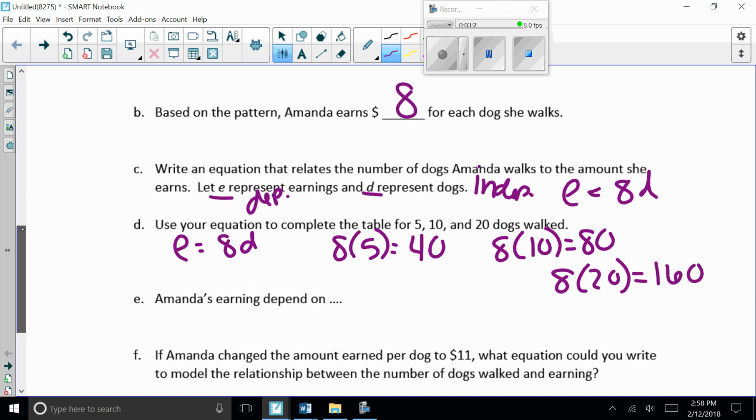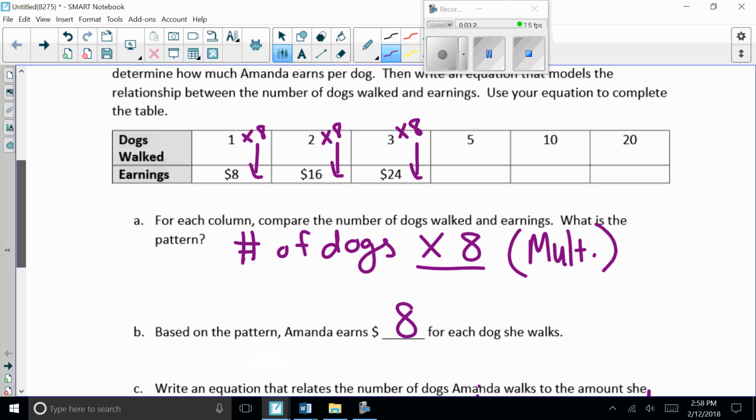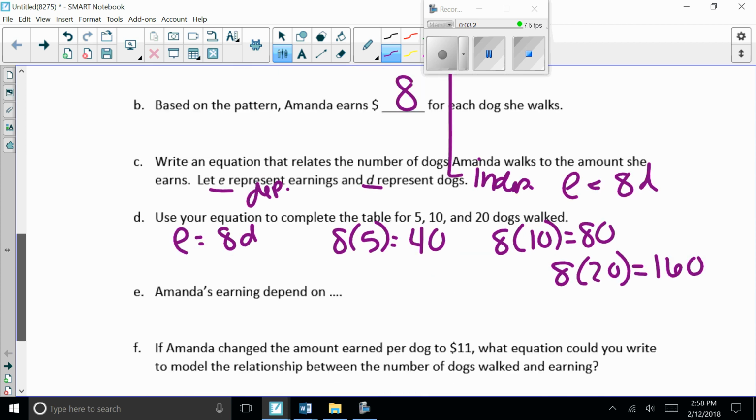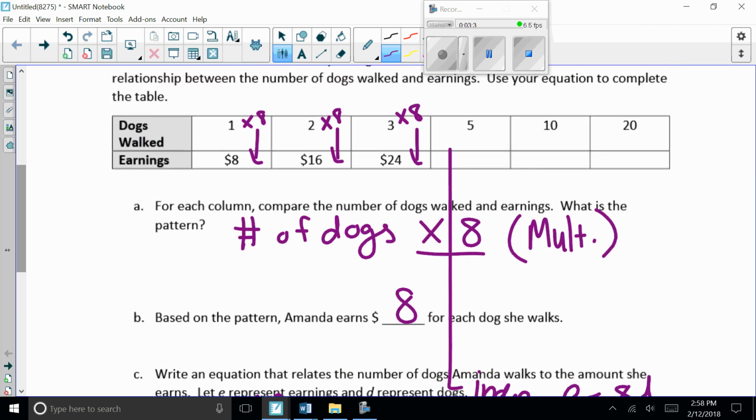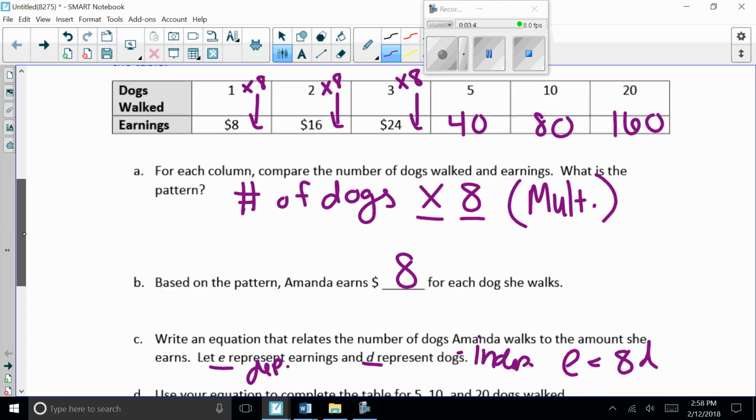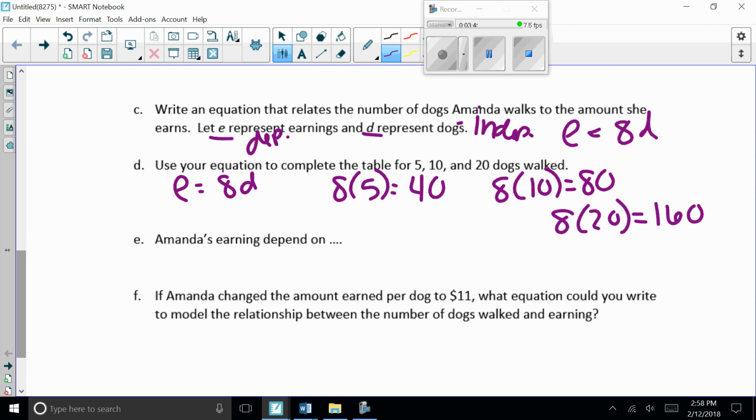So I'm going to come back up here at the top and fill them in. Sorry guys, I don't know how my board likes to do that. So let's erase it. Okay, so 5 is going to be 40, 10 is going to be 80, and 20 is going to be $160. So Amanda's earnings depend on the number of dogs walked.